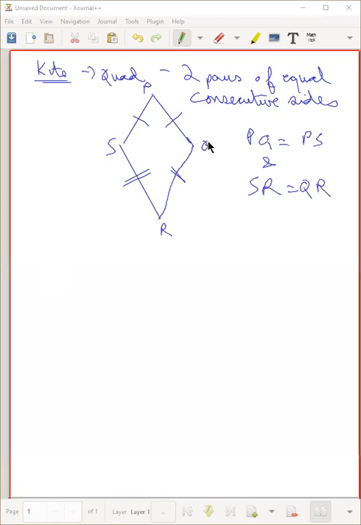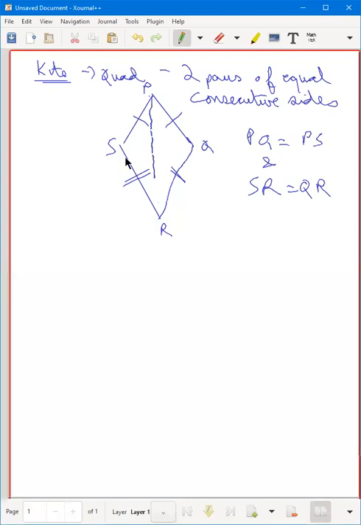Okay, so therefore this will be a kite. Another property similar to what we had in a rhombus as well as in a square, the diagonals intersect at right angles. So the first property is two pairs of consecutive equal sides. Second is diagonals intersect at right angles. Okay.